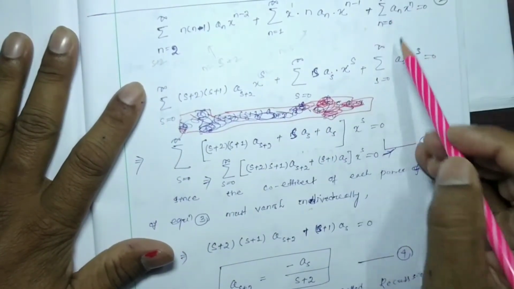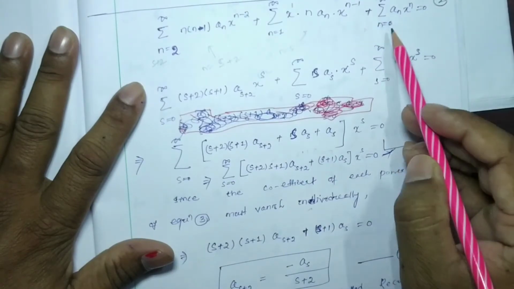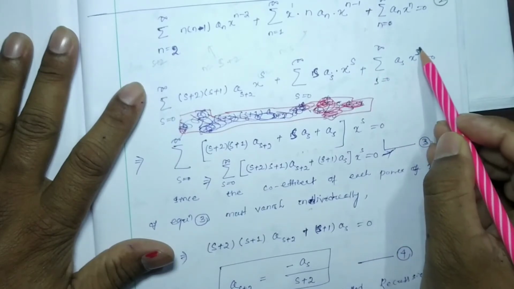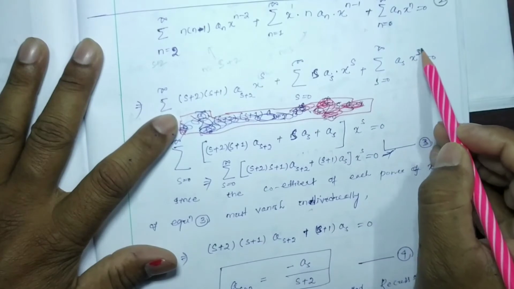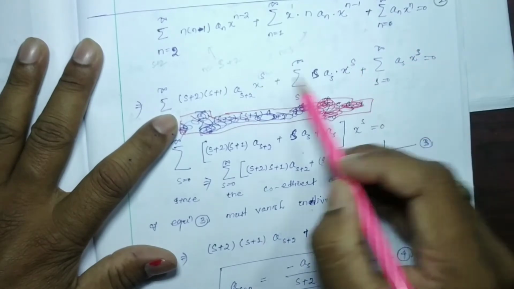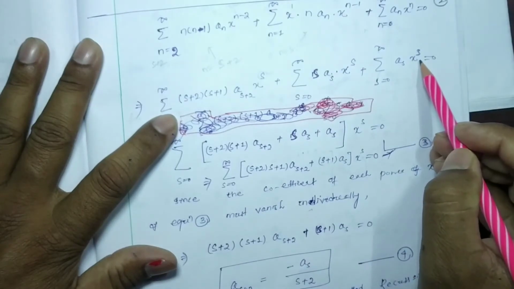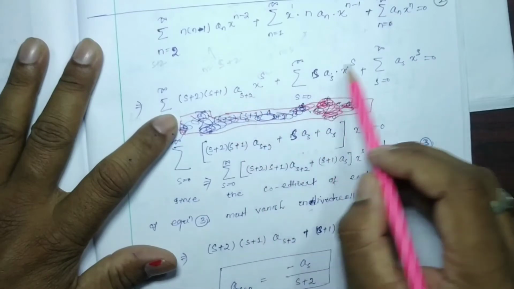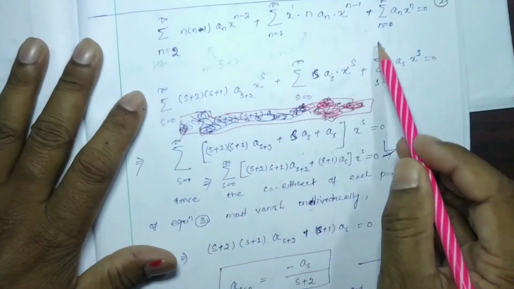For the third term, putting n equal to s, it will be s equal to 0 to infinity, a s x to the power s. So we found all 3 terms have equal x power: x to the power s, x to the power s, and also x to the power s. So we found equal x power for the 3 terms, and the summation is also equal.